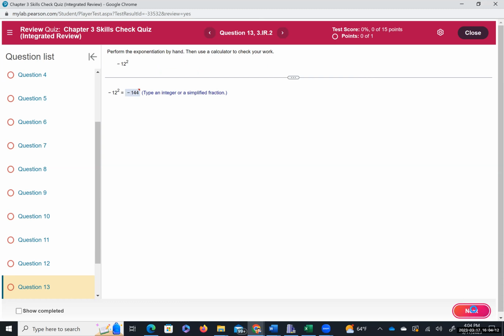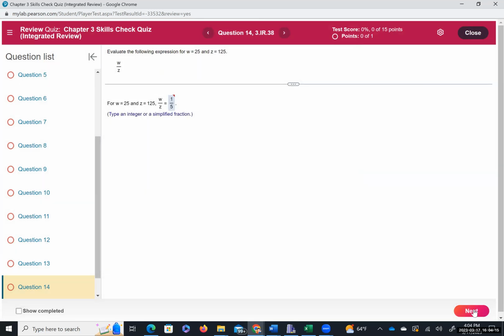Let's move to the next one. Okay, W and Z. They give you W and they give you Z here. W is 25 divided by 125, right?